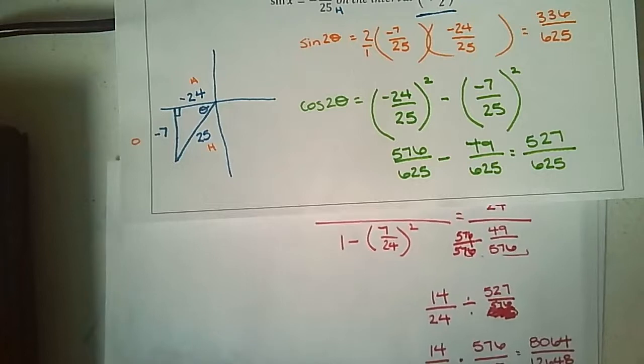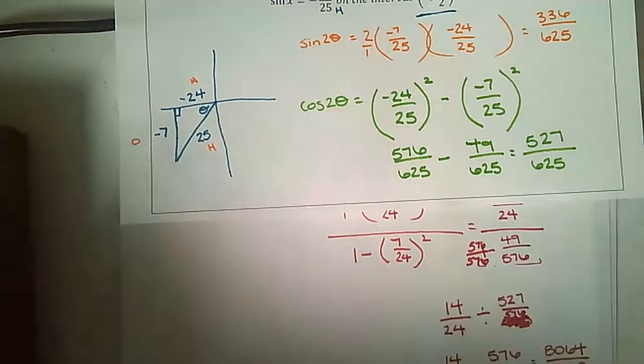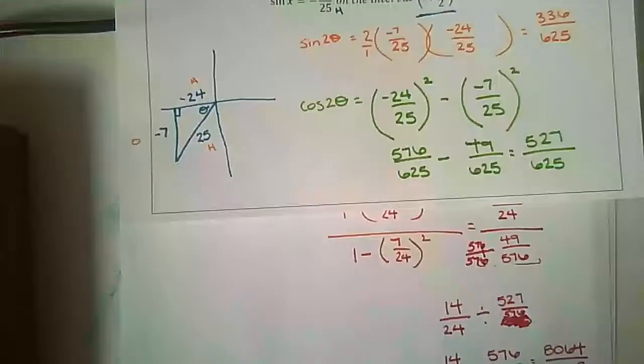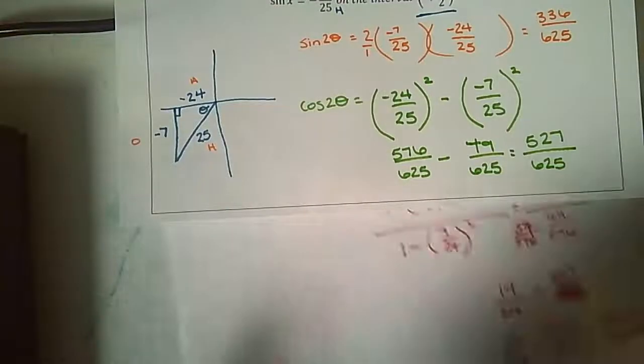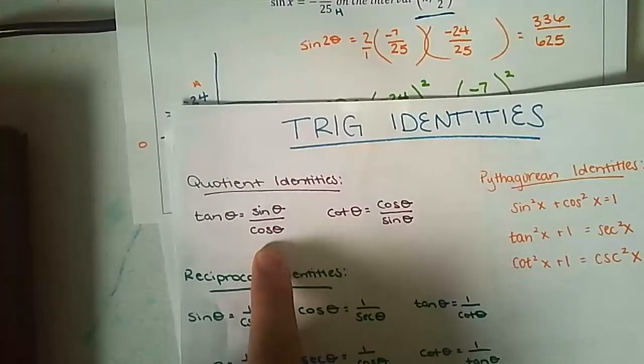All right, I have a trick for you guys, and hopefully you guys have thought of this already. But we know, according to our quotient identities, another way we can write tangent is sine divided by cosine.